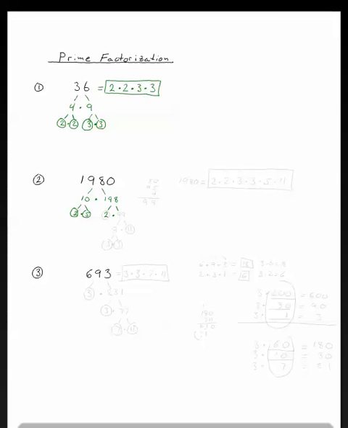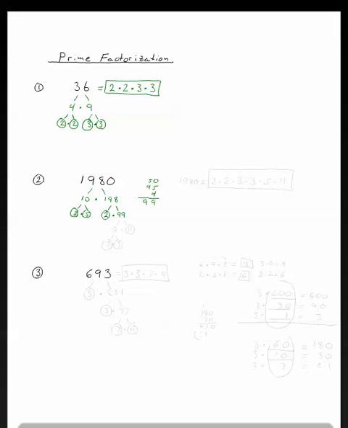So I say, well, half of 100 is 50, half of 90 is 45, and half of 8 is 4. Now we add these up, and we get 0, plus 5 plus 4 is 9, and 5 plus 4 is 9. So it's 2 times 99.